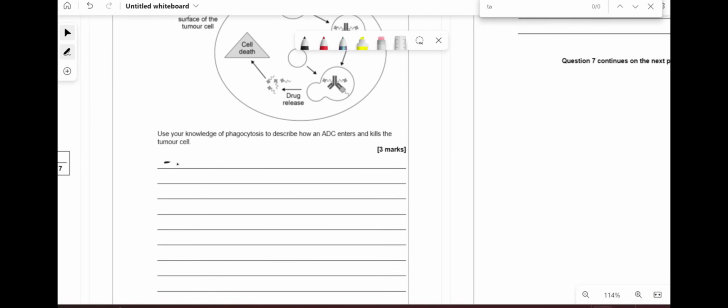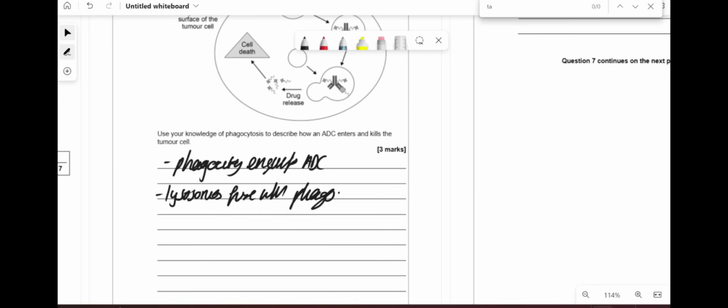So the phagocyte engulfs the ADC, right? And then lysosomes fuse with the phagocytic vacuole or phagosome, and they release lysozymes. And these break the antibody down and release the drug.